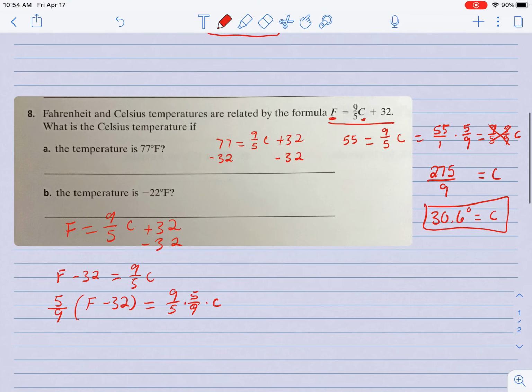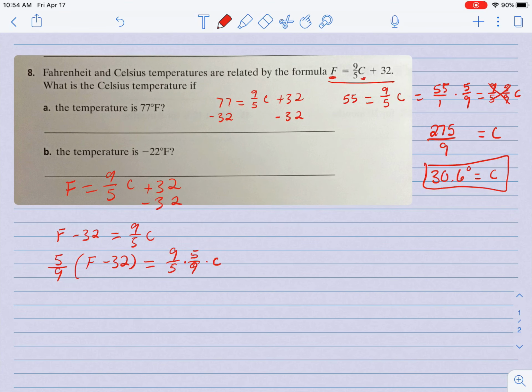So this will give us our function rule to go for when we're given Fahrenheit to transform it into Celsius. So these are going to cancel out, so we're just going to be left with 5/9 times F minus 32 is equal to C. So now for the second one, we're just going to plug in 22 for F here.